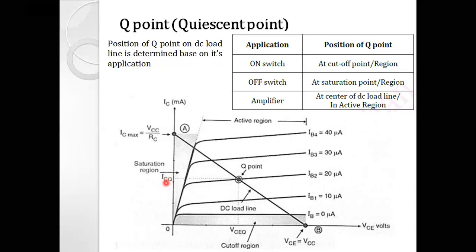Right? So by those two expressions, we can find the magnitude of this VCE, that is this distance, and the magnitude of ICE, that is this distance. And ultimately, we can look at the operating point in this output IC versus VCE characteristic on this DC load line, right?